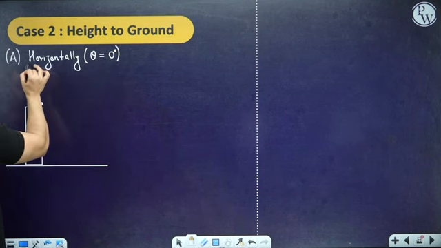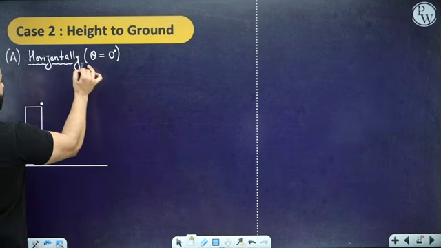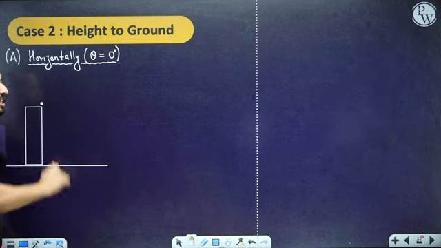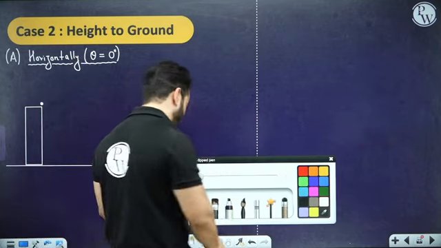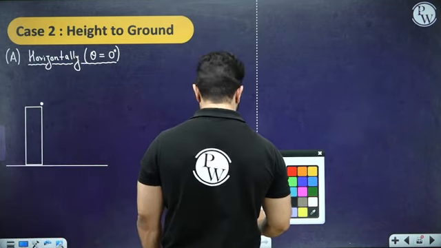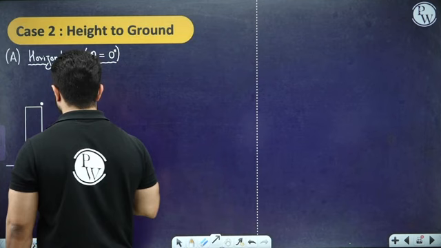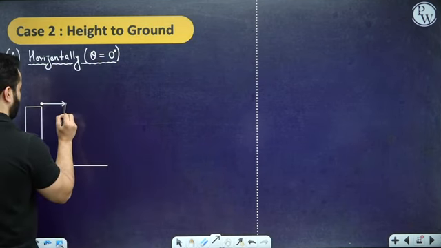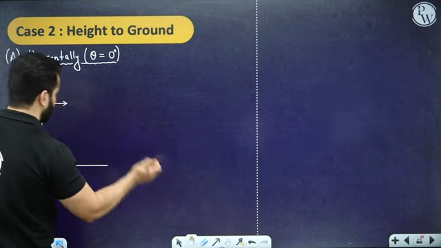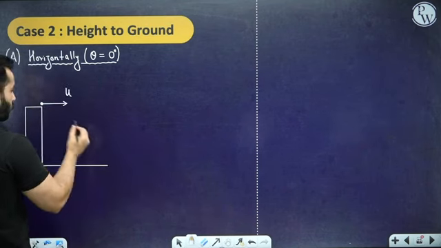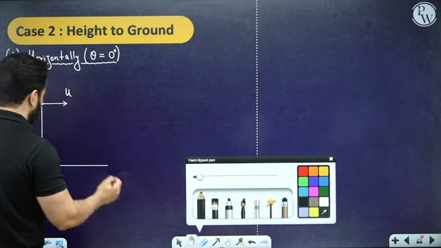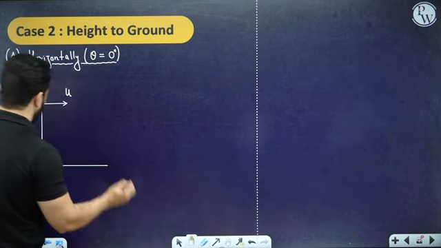Now you must always remember what we really mean by theta. Theta is just the initial angle between the velocity and the x-axis. So this is the net velocity, let's say it is u, right? So the path will be something like this.